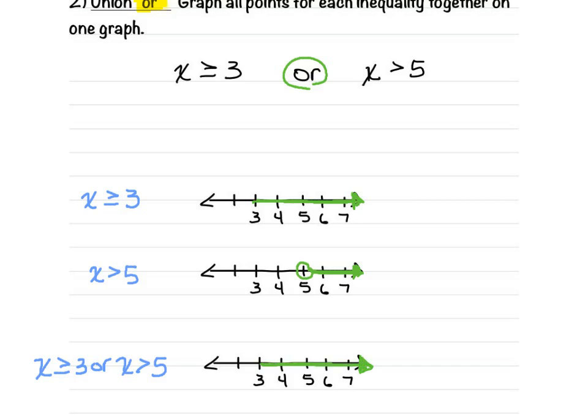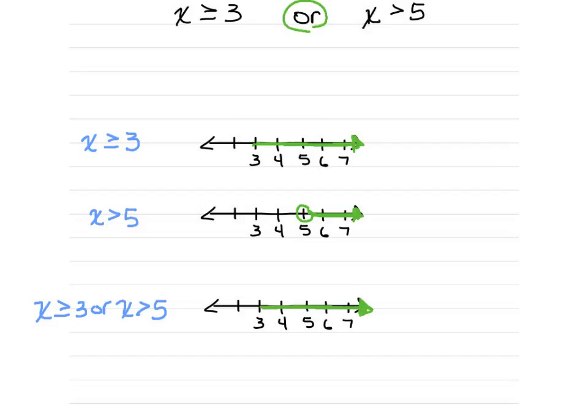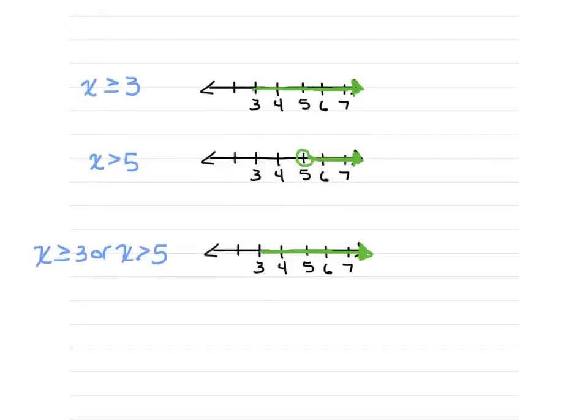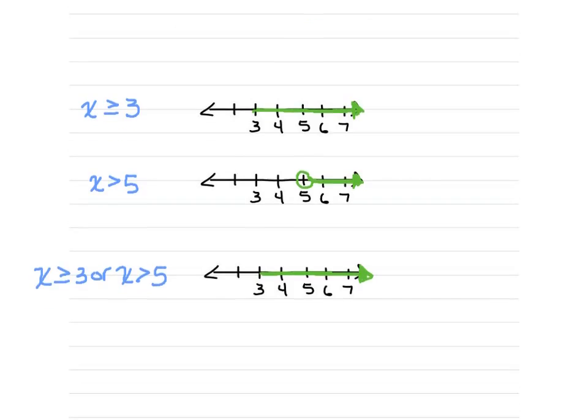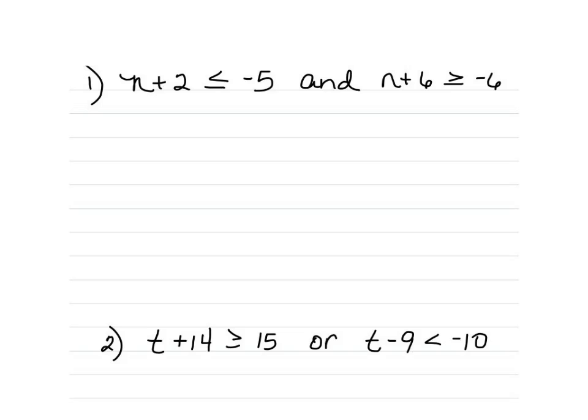And that includes every solution from both inequalities. So again, just to review, the "and" is an intersection. You're only going to graph the common points. The "or" is a union. You're going to unite all the points and graph them together. All right, let's continue.